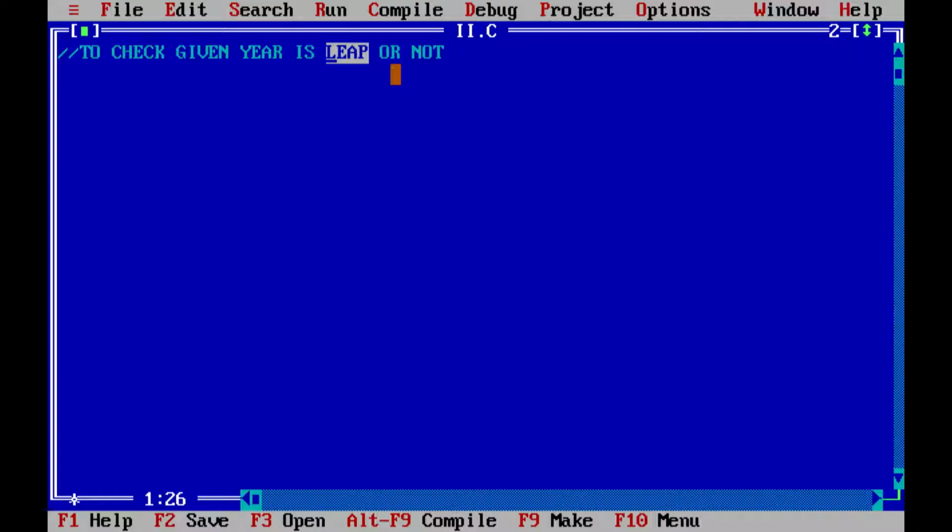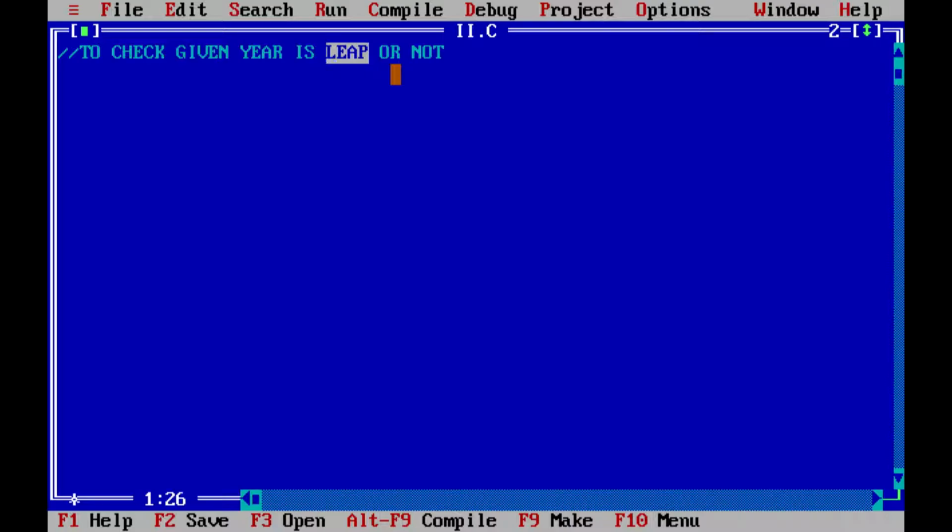Let's take an example: 1900 is divisible by 100, so it is a century year, but it is not divisible by 400, so it is not a leap year. But 2000 is divisible by 100, so it is a century year, and it is also divisible by 400, so it is a leap year.